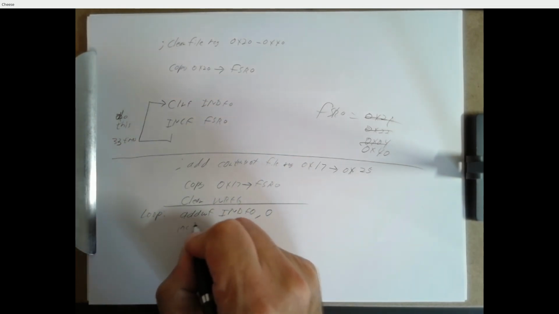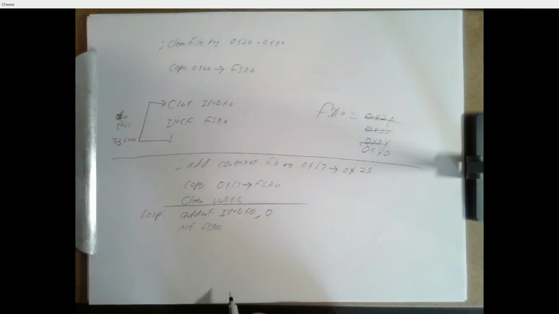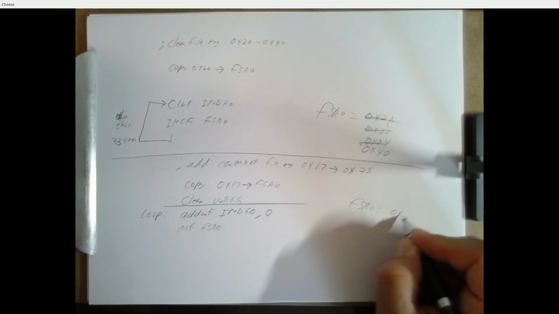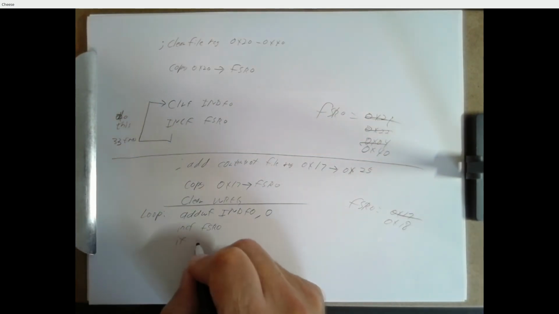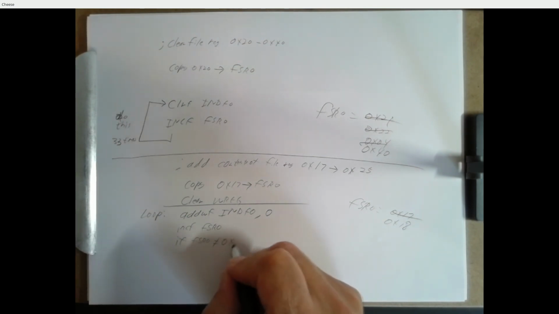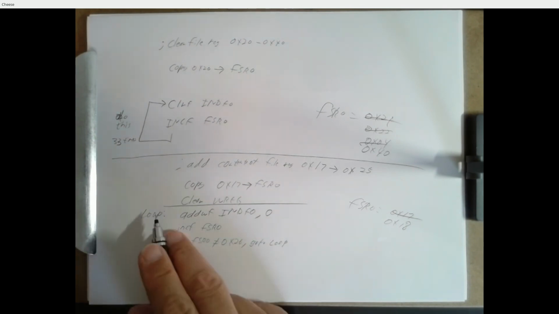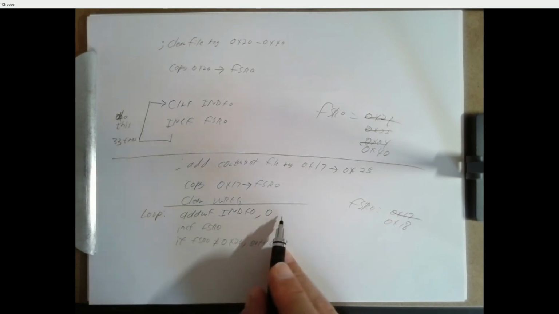And now we say increment file select register 0. So FSR0, which was 17, is now 18. And let's say if FSR0 is not 26, go to loop.